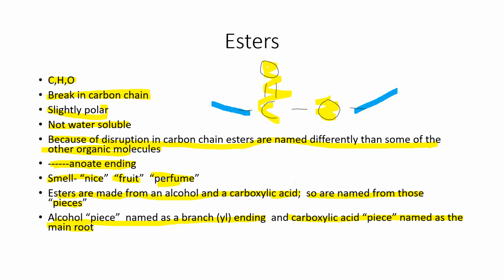And we're going to do an example of this so you can see how esters get named. I would say esters are the functional groups that are most difficult to name. They probably require the most attention and the most practice in order to be comfortable with them, because they're just different than some of the other naming that we've done.